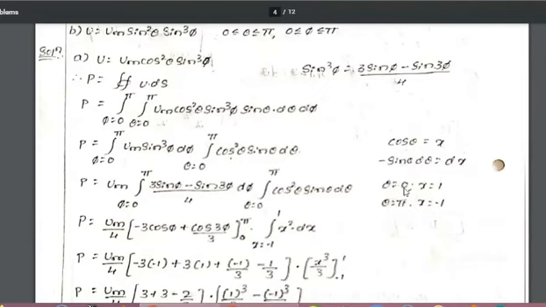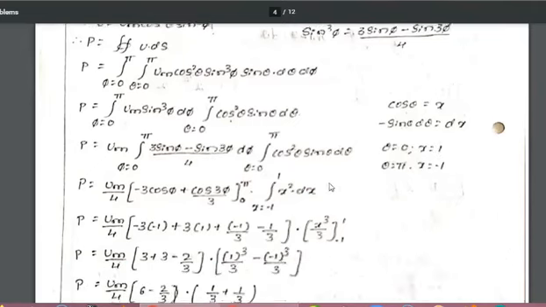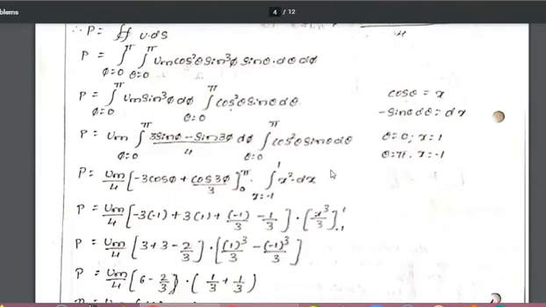Theta equal to 0 means x is equal to 1, and theta equal to pi means x is equal to minus 1. So we just need to change the limits: x equal to minus 1 to plus 1, you will have x square dx here, and we will have sin cube phi and sin theta.